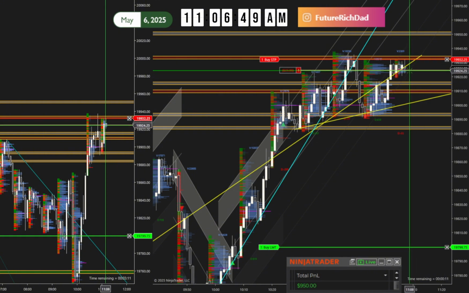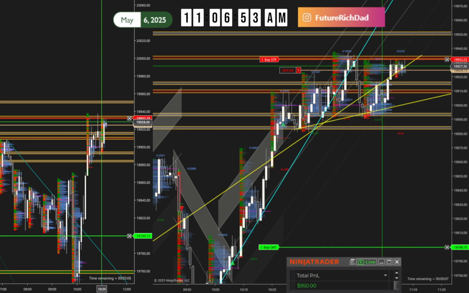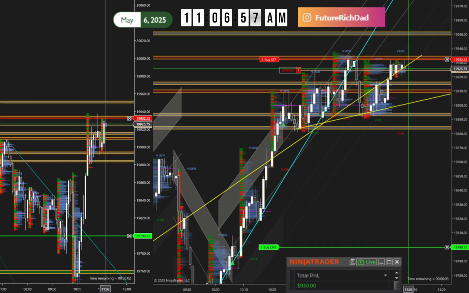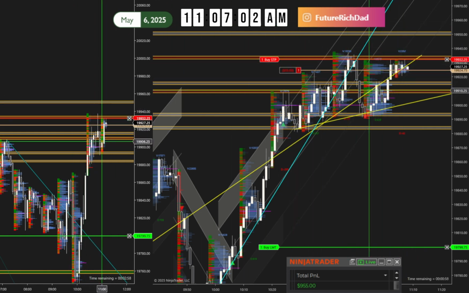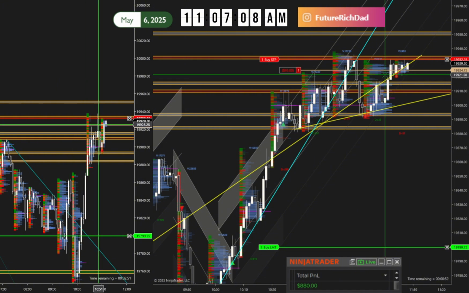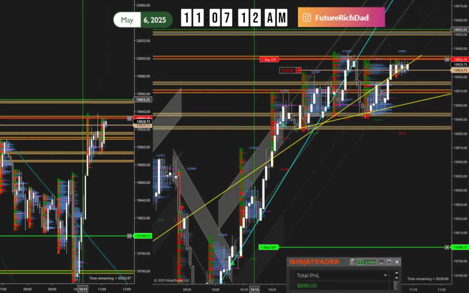So this could be a potential of, okay, we're going slowly up, or this is a hard stop. But I think this is going to be a buy, since we are in a 5-minute candle closure above us. But yep, this candle right here stopped us from going down.